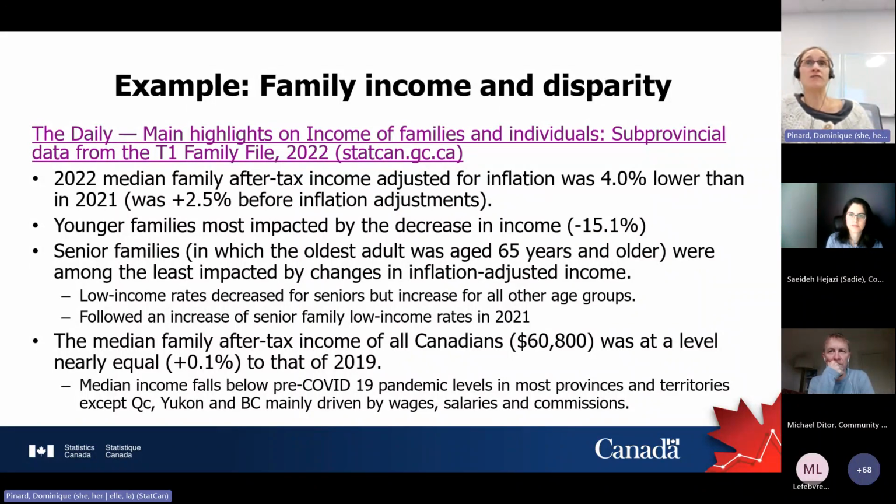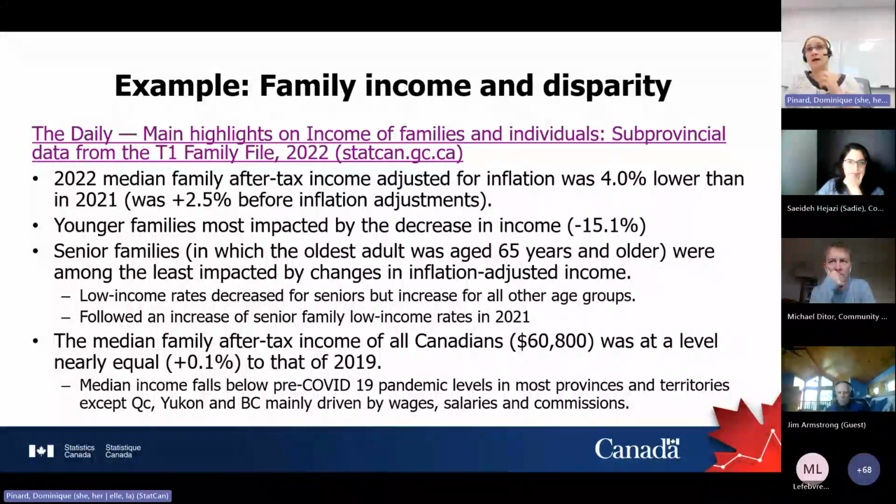When I talk about younger families, it's families where the oldest person is 25 years old. What we saw also is that senior families, after having a big hit in 2021, were actually staying pretty stable compared to the others. So the low income rate decreased for seniors, and their income remained fairly stable in constant dollars, so after taking into account the inflation.